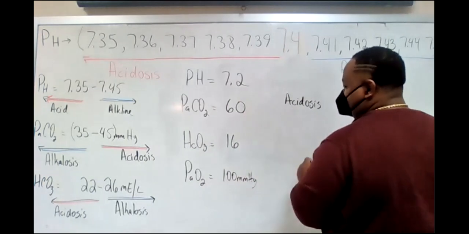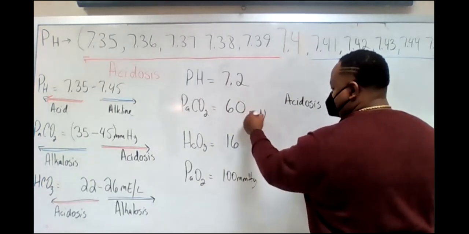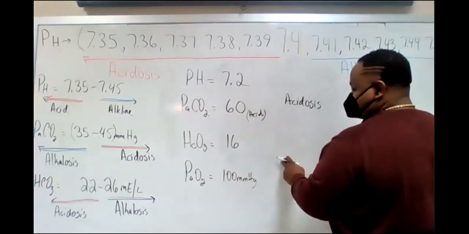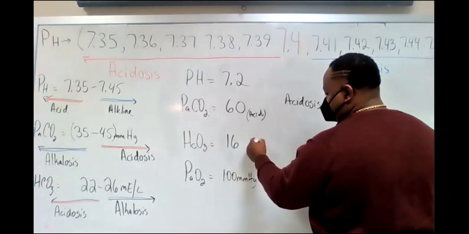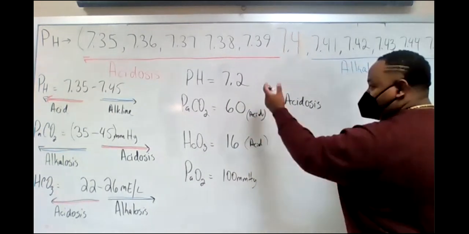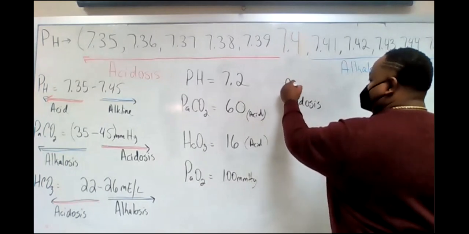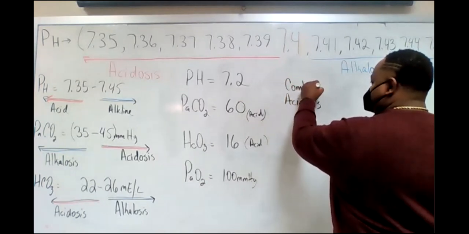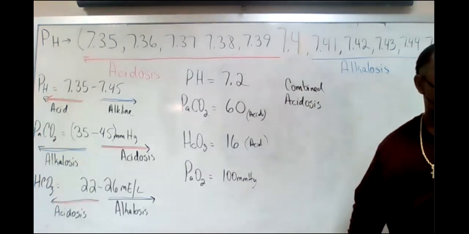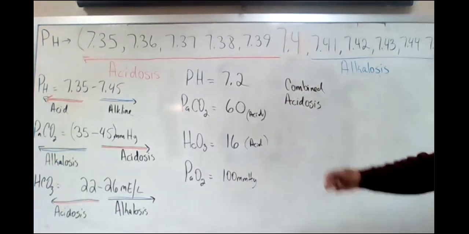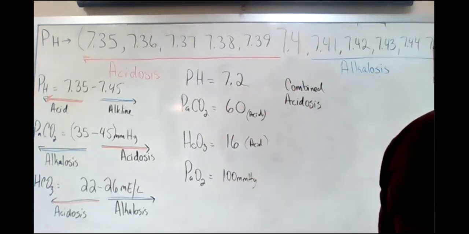What is CO2 doing? Acid. What's bicarb doing? Acid. So all three of them are acid, right? So that's what you call a combined acidosis. That's all you got to say. When all three of them are going the same way, it's combined, whatever way they're going.